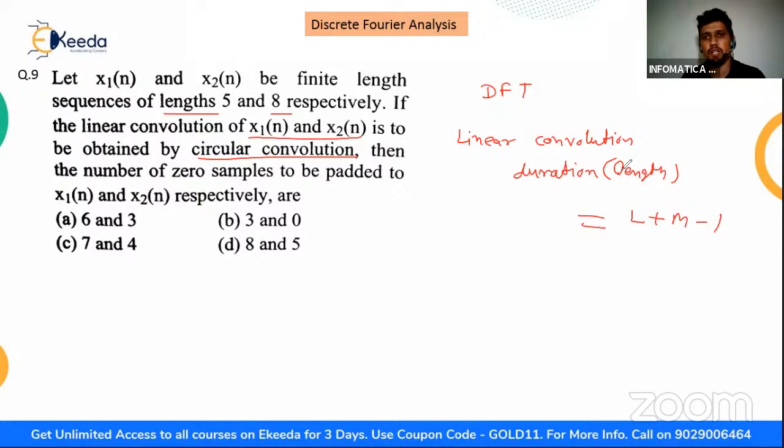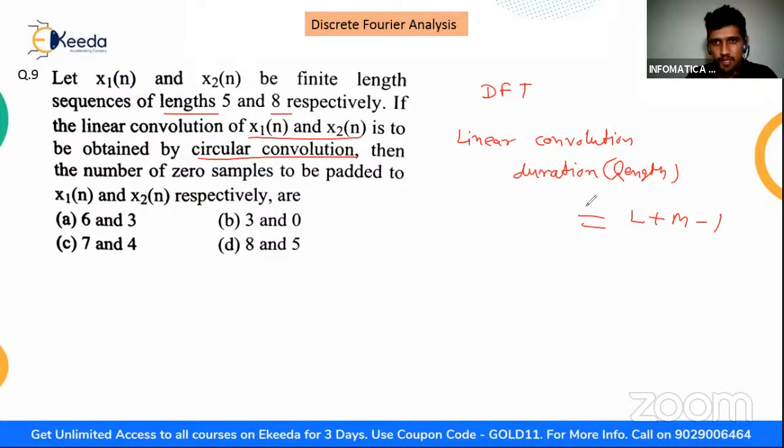We can calculate this using the basic funda I told you in the first or second lecture: the starting of y(n) is equal to the starting of x(n) plus the starting of h(n), and the ending of y(n) is equal to the ending of x(n) plus the ending of h(n), whatever the convolving sequences are. If x1(n) and x2(n), then the starting of y(n) is the sum of their starts, and similarly the ending is the sum of their ends.